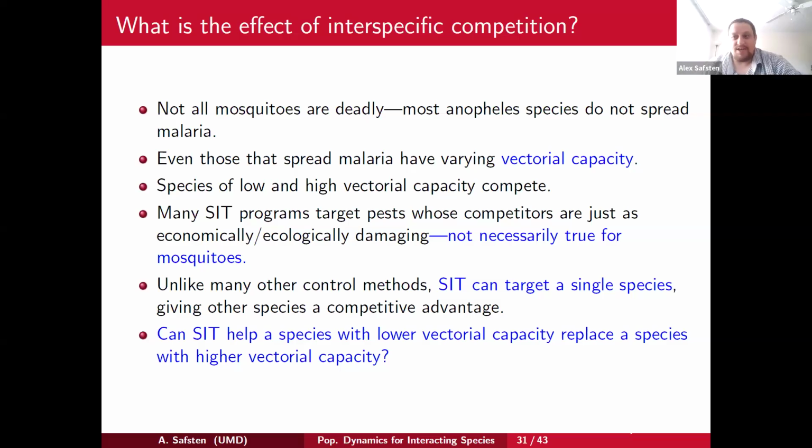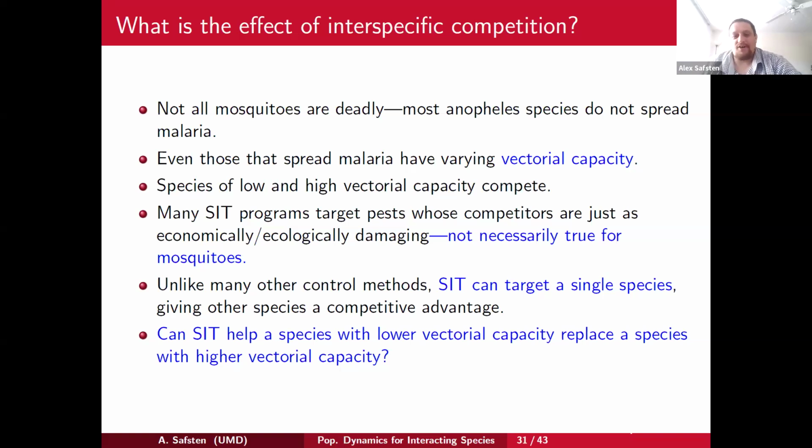But with mosquitoes, if there is one species that carries malaria and another that doesn't, and they both compete for resources, you don't have to eliminate both species. Just the malaria-carrying species will do. Sure, the other species might still bite your arm and make your arm itchy, but it's not going to kill you.